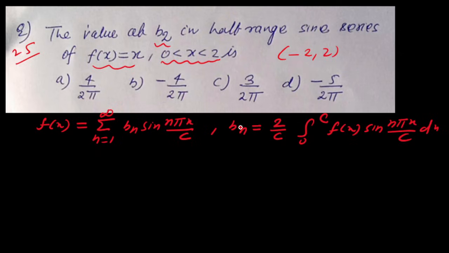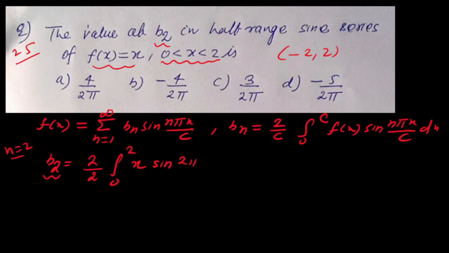So if I have to calculate b2, how will I calculate b2? First of all, I will write 2 by c. So what is c here? c here is 2. So 2 by 2, and then f of x. So f of x is equal to x, limit is 0 to 2, and then sine n pi x by 2. Actually we are calculating b2, so I have to take n also equal to 2, so sine 2 pi x by 2.